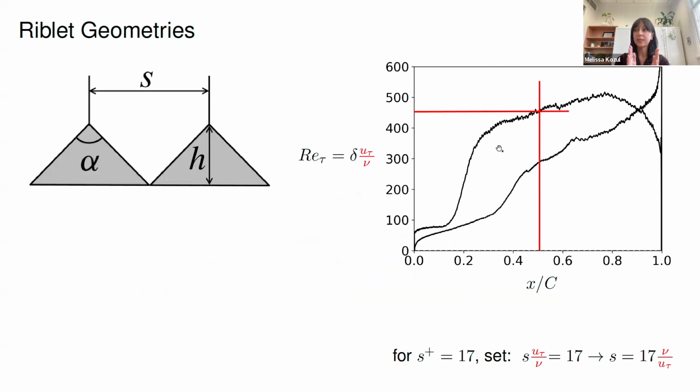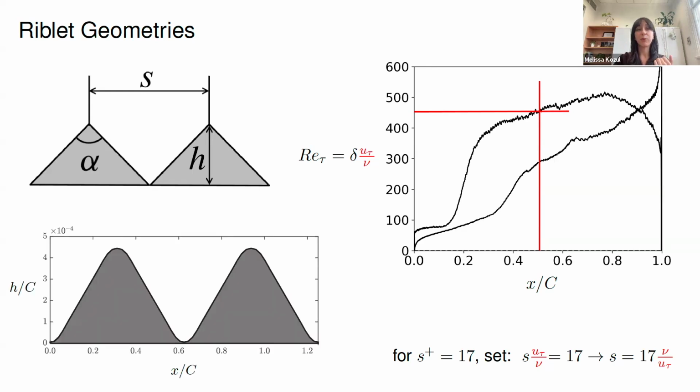So that spacing relies on a viscous scale that depends on the flow speed over the blade, which is to do with the skin friction over the blade. This is really from fluid mechanics, so it's not so important, but we need to pick the right spacing depending on the speed of the blade, okay? And so we did that from the reference smooth blade case, and so we can come up with a riblet geometry.